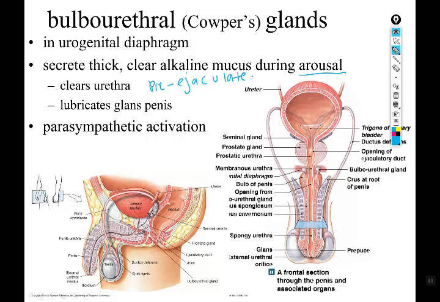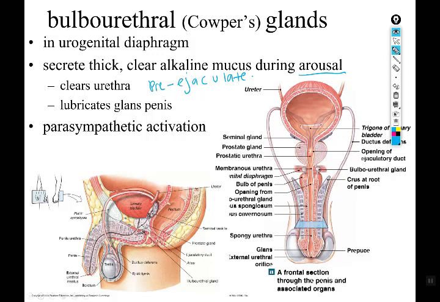The penile urethra is a dual-purpose tube, so it carries both urine and semen. It has to do both, not at the same time, but semen, and specifically spermatozoa, is really, really vulnerable to acidity, and urine is often acidic, and contains waste products that would be harmful to spermatozoa. So prior to the passage of spermatozoa through the penis and out of the body, the penis prepares itself by sending this thick, alkaline mucus through.